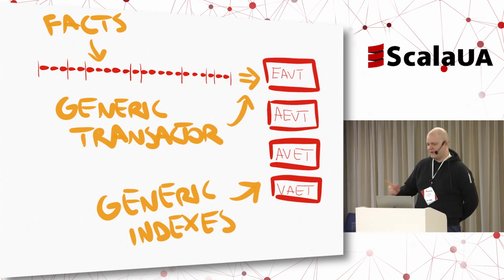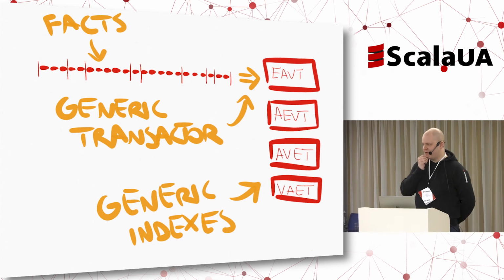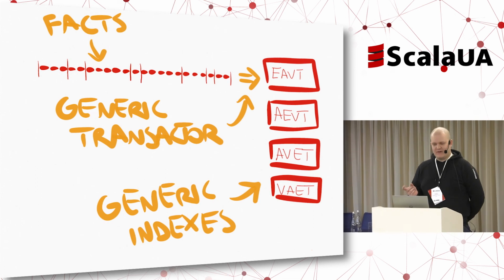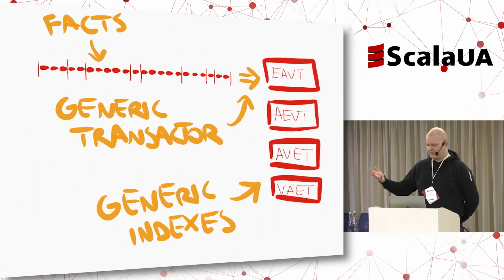And there's just one thing that I want to mention, and this is what makes Datomic a functional database. So when you're going to query Datomic, you have a connection, and that's where you send facts to be written. But you don't query the connection, at least not directly. So what you do is that you take your connection and you ask for a DB. And a DB, short for database, is represented as one of these lines here.